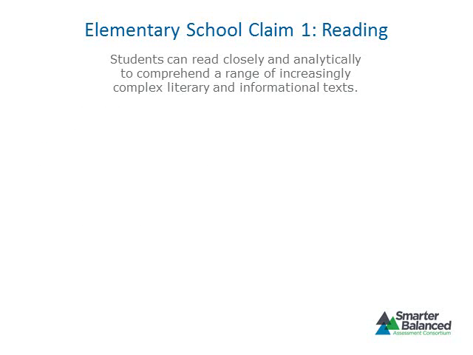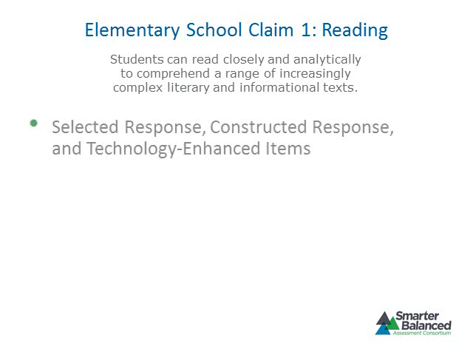Claim 1 states that students can read closely and analytically to comprehend a range of increasingly complex literary and informational texts. To elicit evidence for Claim 1, all items will be accompanied by 1 or more grade-appropriate passages. Evidence for Claim 1 will be provided by selected response, constructed response, or technology-enhanced items that focus on a particular skill or concept.